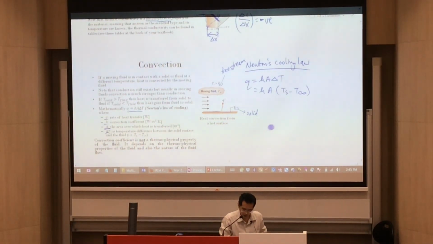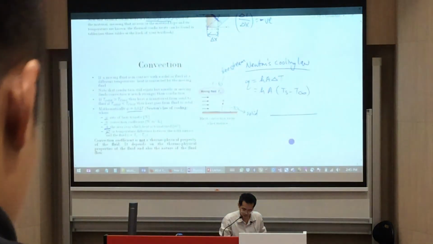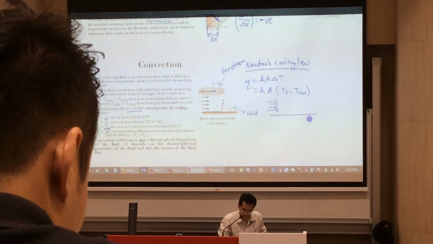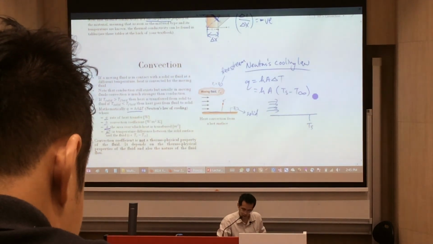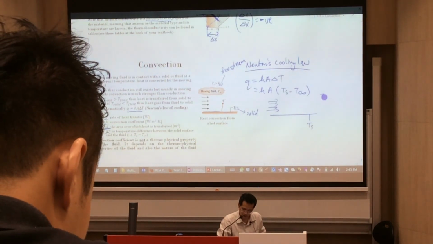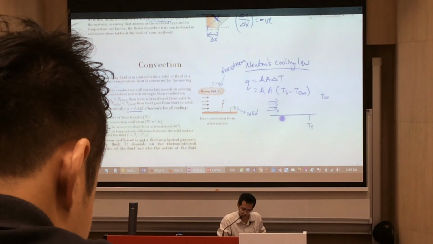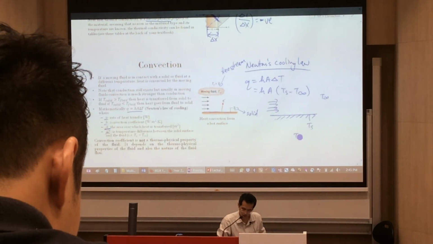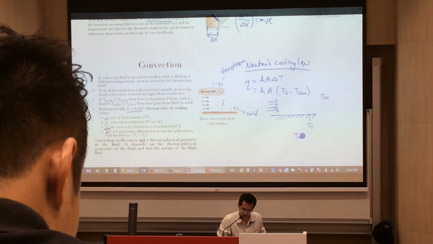Now if I were to give you another case, same kind of setup, same kind of flow out there. I call this Ts. And out there in the infinity, there's T infinity. This is my solid surface. And I say T infinity is actually greater than Ts.